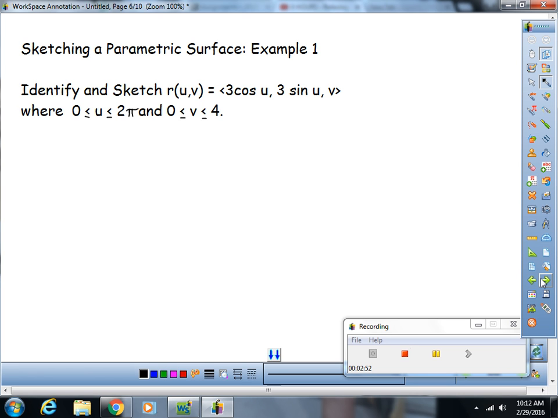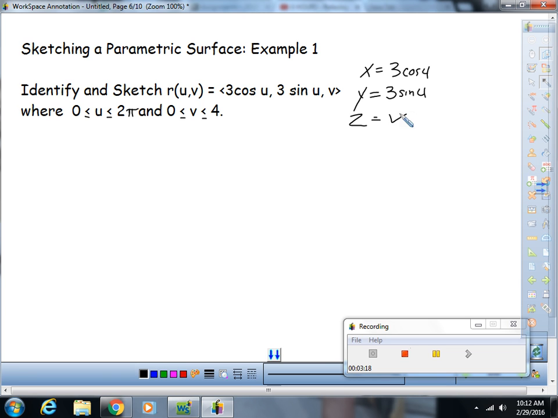So our function is 3 cosine u, 3 sine u, v, or x equals 3 cosine u, y equals 3 sine u, and z equals v. Those are functions of u and v, and that makes this a surface.